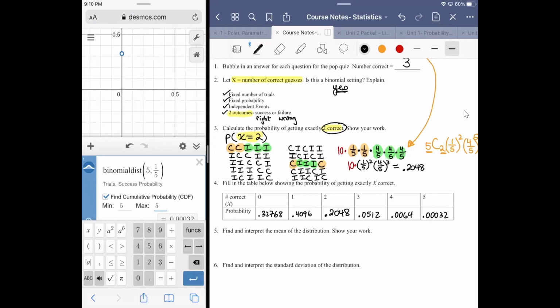So we could find the mean of this distribution by hand, but I've bored you enough. I'm going to give you the shortcut for the mean of a binomial distribution. It's detailed on the next page, but I'm just going to write it here. That's mu is equal to n times p.